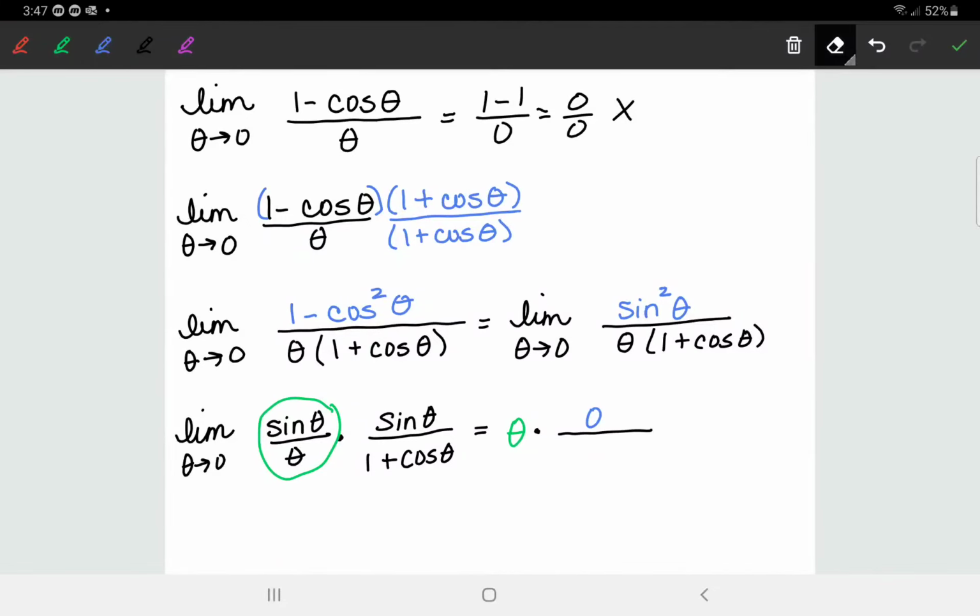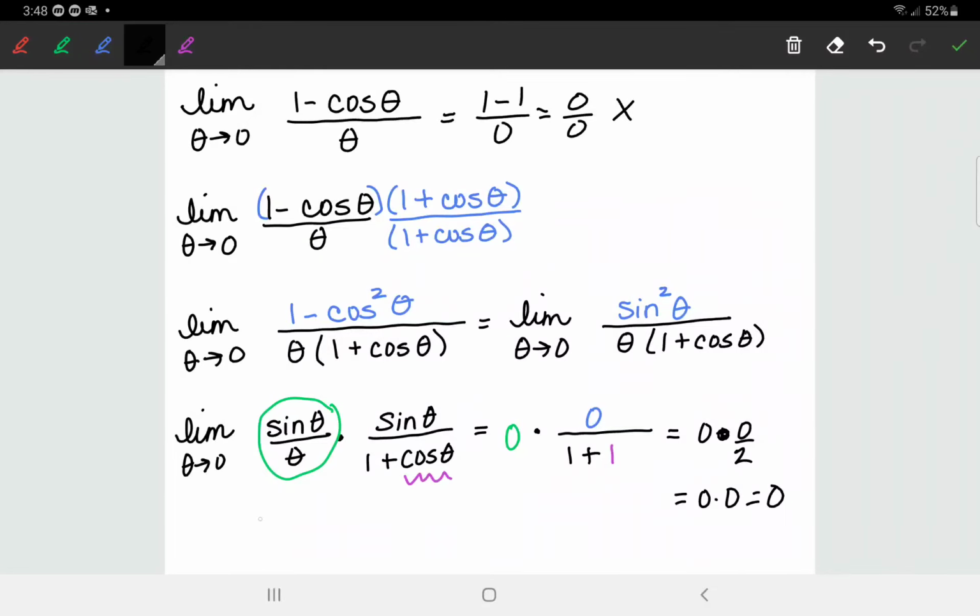Oh, hang on, this isn't theta, this is the number 0. And then we have 1 plus, and from an earlier video, we also proved that as theta goes to 0, the limit of the cosine is just 1. So in the end, this becomes 0 over 1 plus 1, which is 0 over 2, which is just 0.